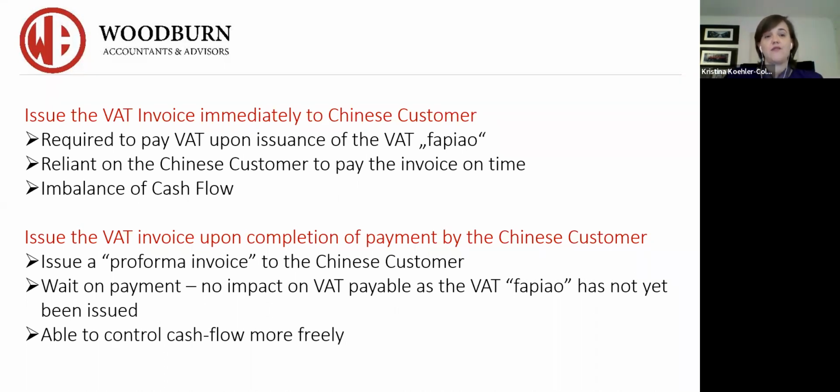But just know you have these two options. I have met a lot of friends who did not know that they could issue pro forma invoices first, wait for payment, and then issue the Fapiaos. And for a lot of small businesses in China, that actually saved them quite a bit in terms of cash flow.